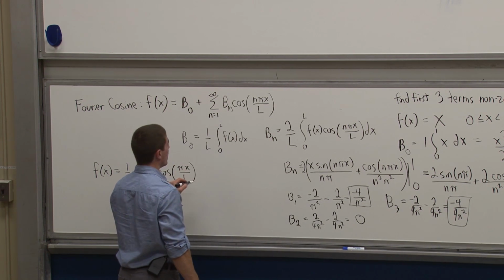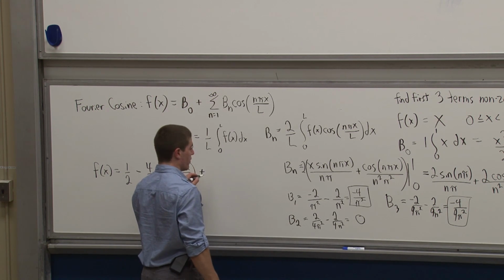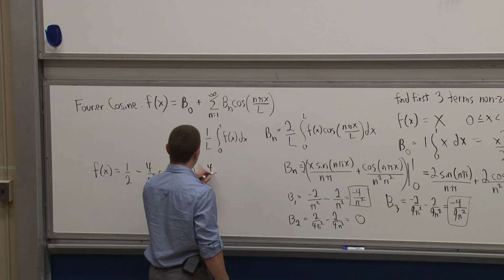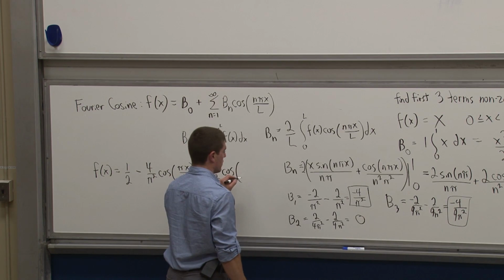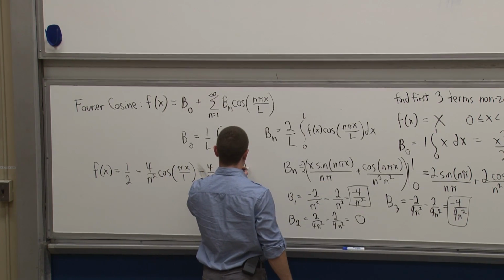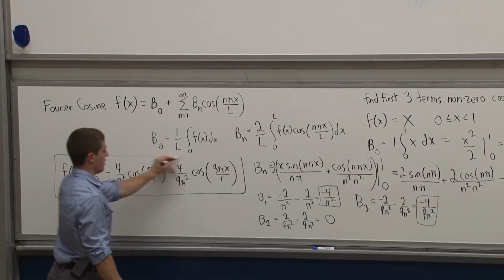L is 1. Yeah, the B2 doesn't count because it's 0. And then minus 4 over 9 pi squared cosine. Since we're dealing with n equals 3, so 3 pi x over 1. And that is your complete answer.